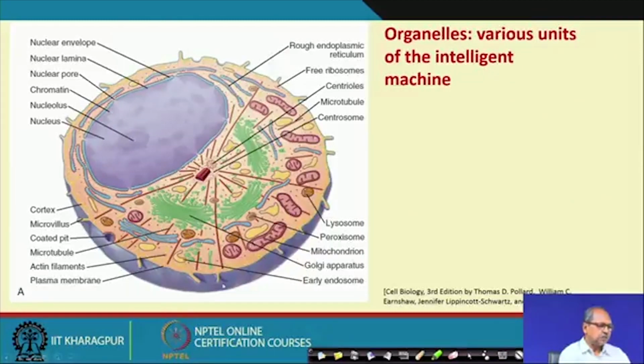And this membrane is hydrophobic in nature, so polar ionic molecules cannot be transported easily.